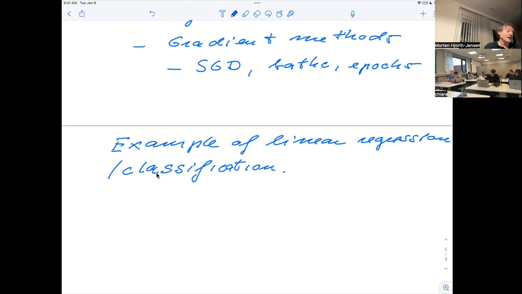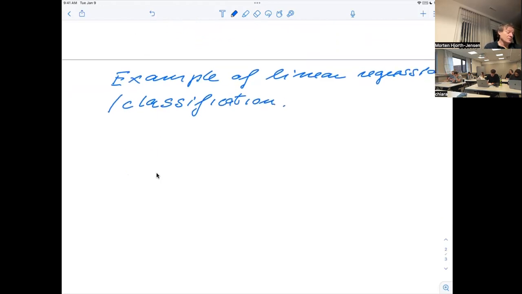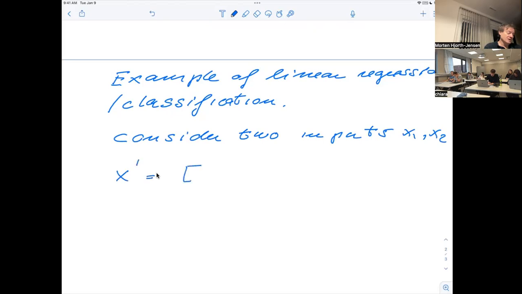So what we could think of now is to look at a simple system where we consider two inputs. We are going to call these inputs x1 and x2. That means that we would have a vector x, so this is x transpose, which is given by x1 and x2 here.